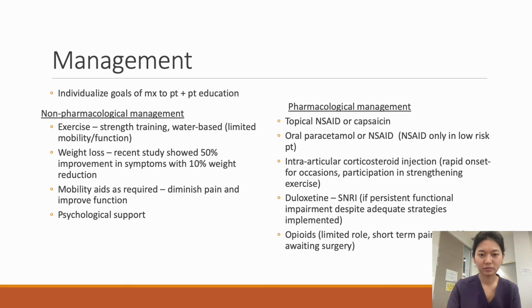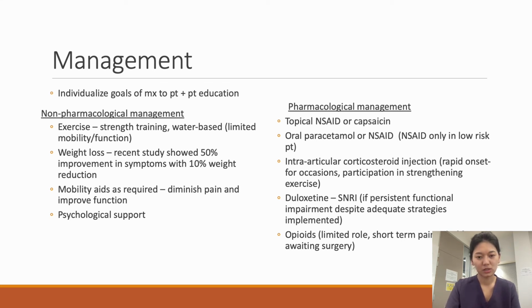In terms of pharmacological management, you can use topical NSAIDs or capsaicin for pain relief, as well as oral paracetamol or NSAIDs. Another option is to use intra-articular corticosteroid injections. These can have a rapid onset for occasions such as weddings, or simply to allow patients to participate in strengthening exercises on a regular basis.